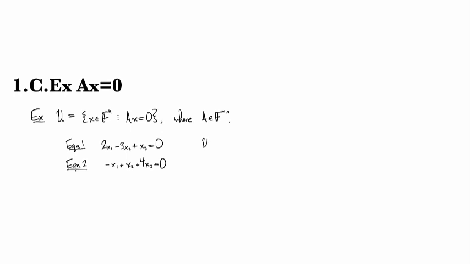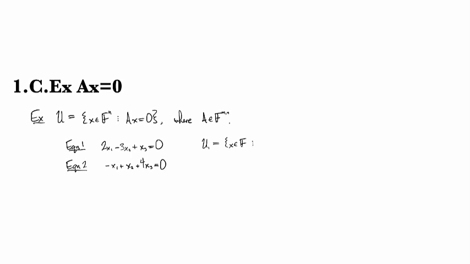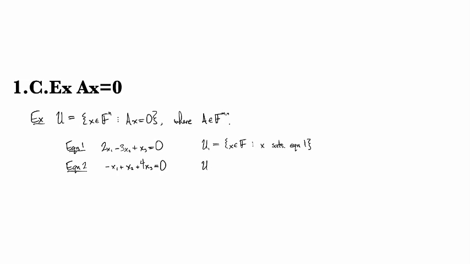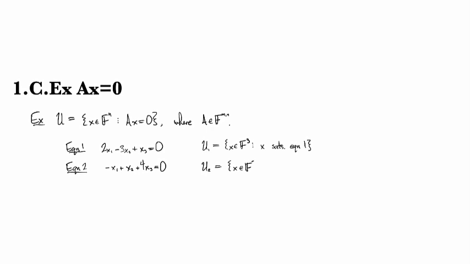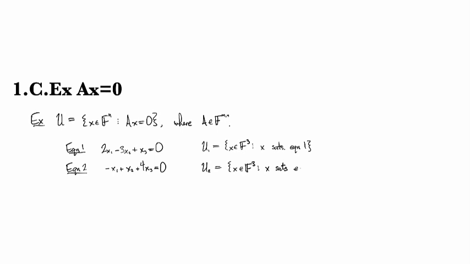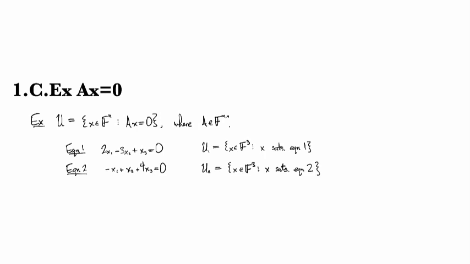Okay, then we could take one subspace, U1, to be all the points that satisfy equation 1, and we could take U2 to be all the points in F3 that satisfy equation 2, right?